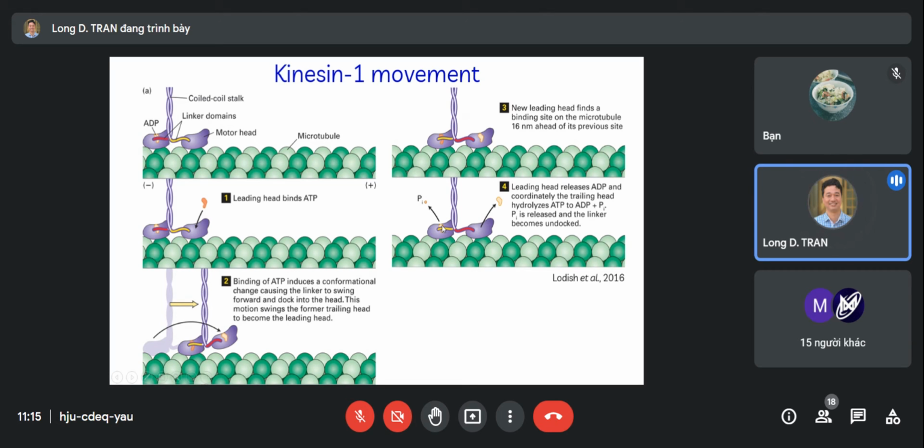The binding of ATP leads to changes in the conformation of the linker, or we can call it the neck region if you want, so that it is easier to compare to myosin 2. So the binding of ATP to the leading head will move the trailing head, and slowly it goes like that. When the ATP binds to the leading head here, the trailing head will be moved forward.